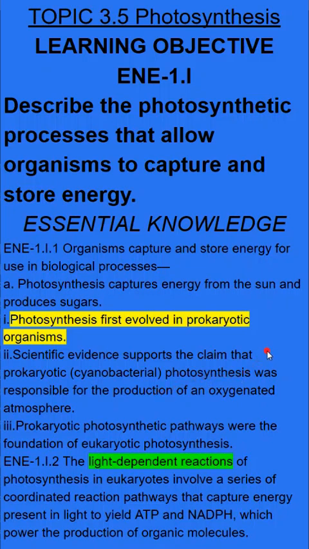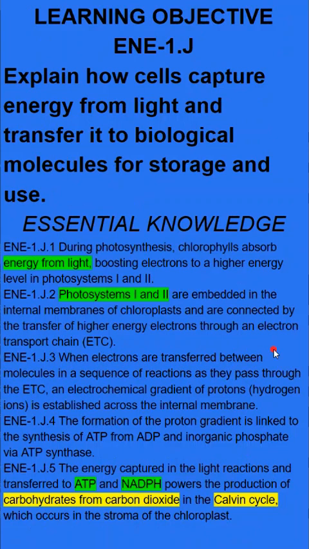Again, this idea, prokaryotes began photosynthesis, and when we start looking at chloroplasts within eukaryotes, we get our light-dependent reactions, photosystems 1 and 2, taking energy from light, creating ATP and NADPH, which powers the production of carbohydrates from carbon dioxide in the Calvin cycle.